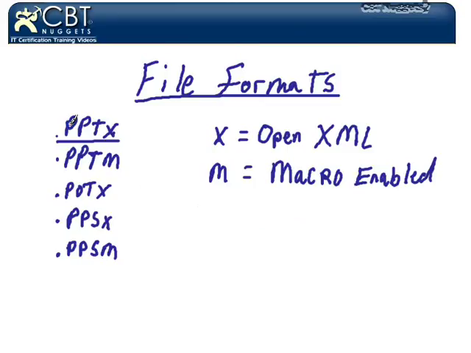So this is your PowerPoint presentation, PPTX. That means it's OpenXML. PPTM means it's macro enabled. This also works when you're using a template, a PowerPoint template, POT. With an X it means it's OpenXML, M means it's macro enabled. Or a PowerPoint show, a PPS, with an X it's OpenXML, PPS with an M means it's macro enabled.